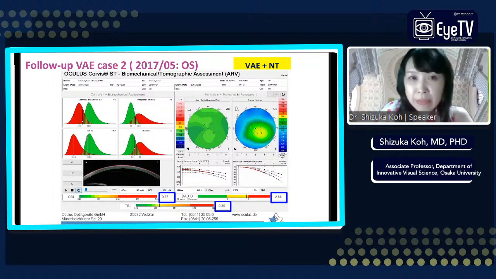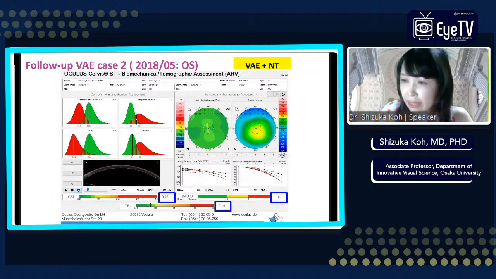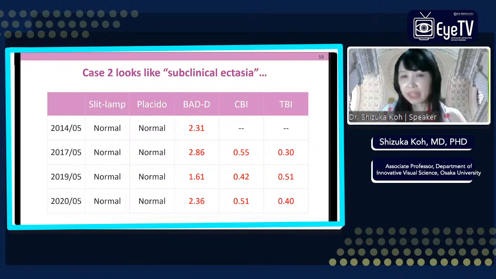This is the measurement result in 2017, and 1 year later and 2 years later. Okay, so unlike the previous case, this eye looks like subclinical ectasia. All the values from BAD, CBI, and TBI are normal. Even Placido topography is all fine.